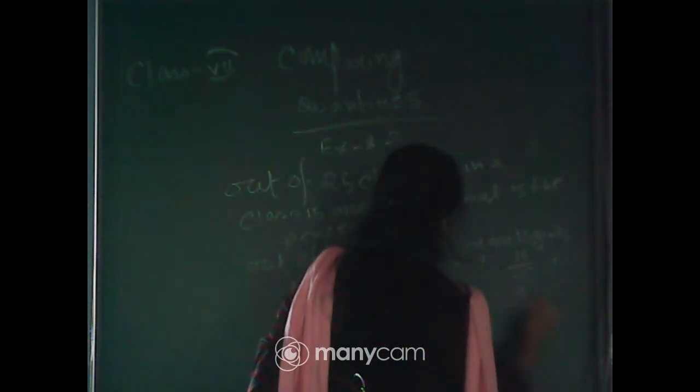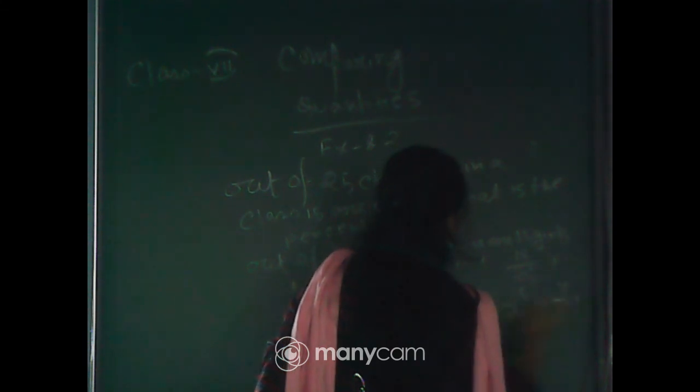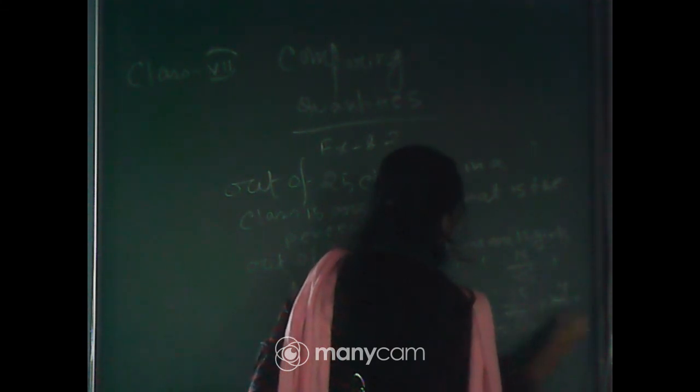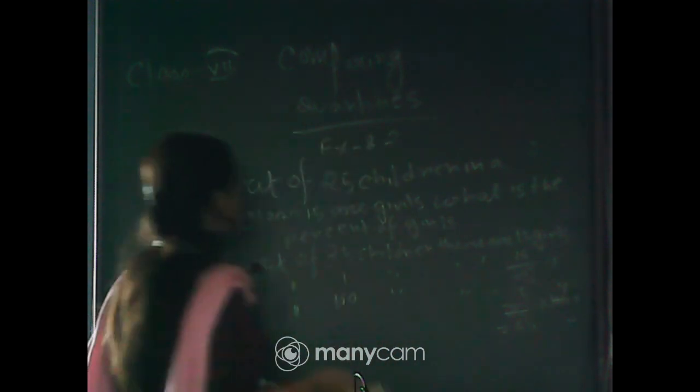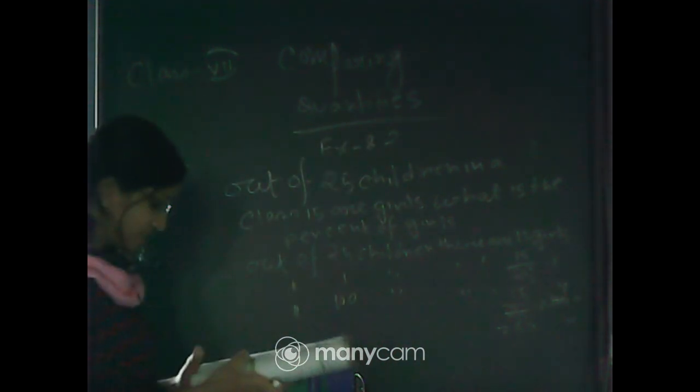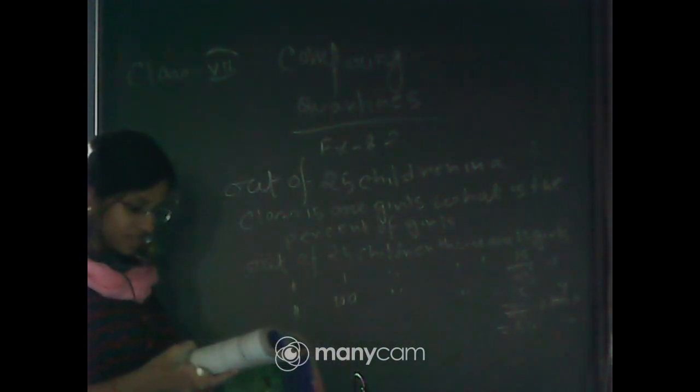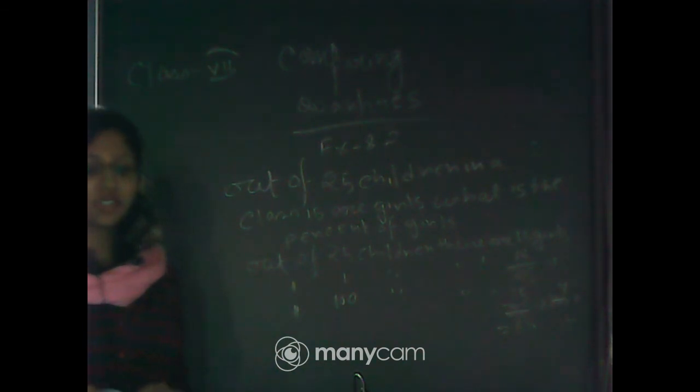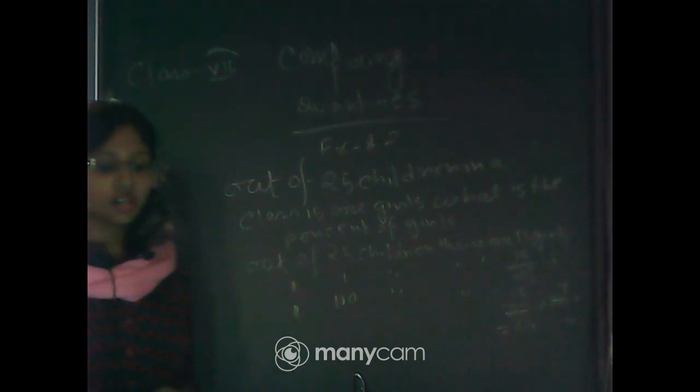Therefore, out of 100 children, there are 15 by 25 into 100 girls. Therefore, in the class there are 60% girls.